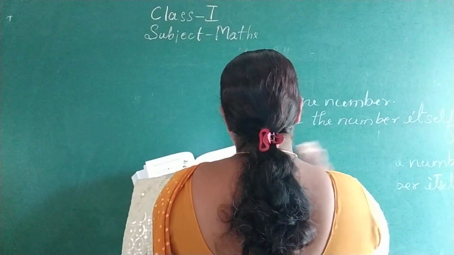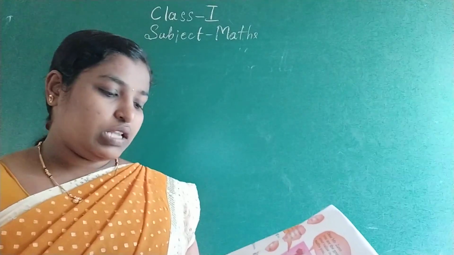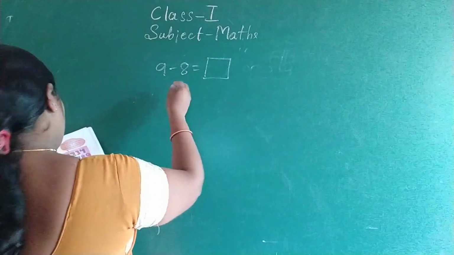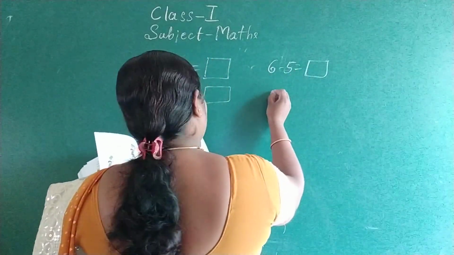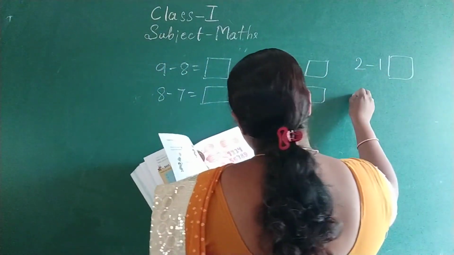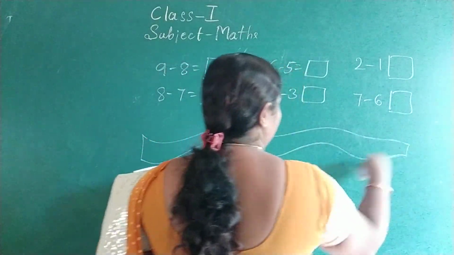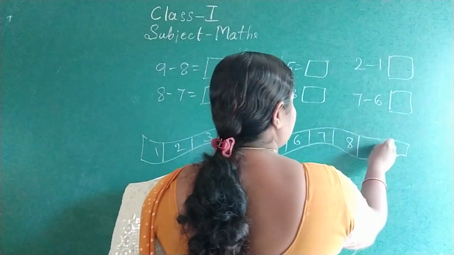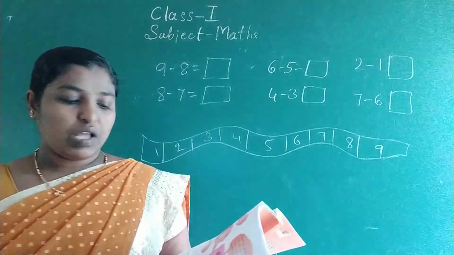When you subtract numbers that come one after the other on this number strip, the answer is always 1. 9 minus 8, 8 minus 7, 6 minus 5, 4 minus 3, the answer is always 1.